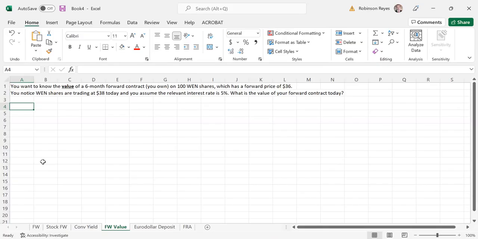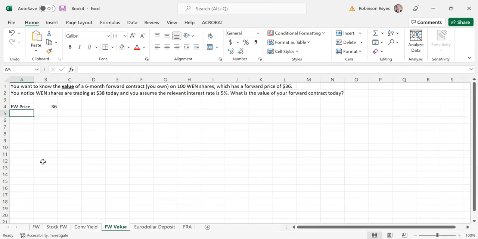So how do we get the value? A couple of steps, you have them on Canvas too. The first thing we need to do is, well, we have this contract and the forward price is already 36. So that's the forward price you agreed, and that's the forward price that is binding in your forward contract.